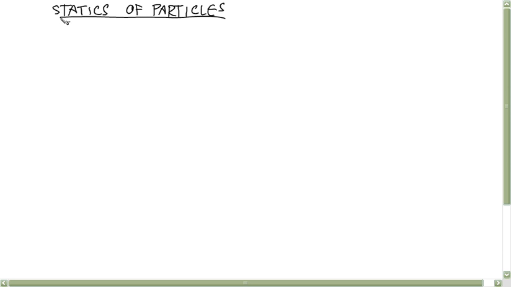Okay, so what's the deal with statics of particles? What's the deal with particles, basically? I'm sure you discussed this in physics, but when you're approximating something as a particle, you're assuming that it has no size, so that everything happens at a single point.